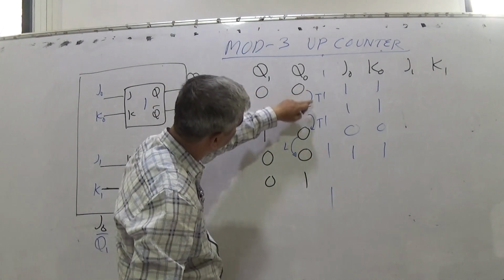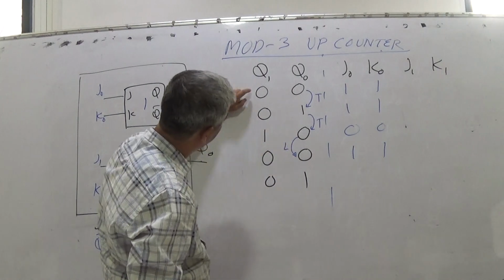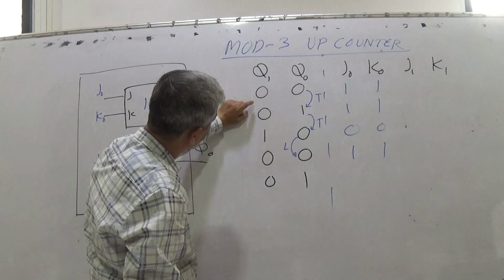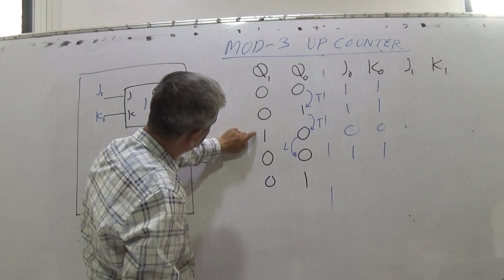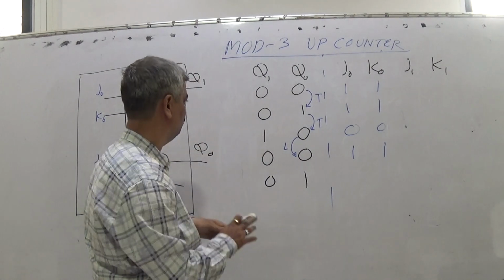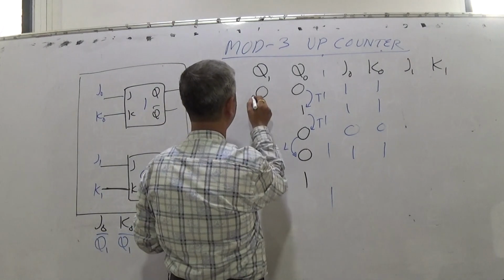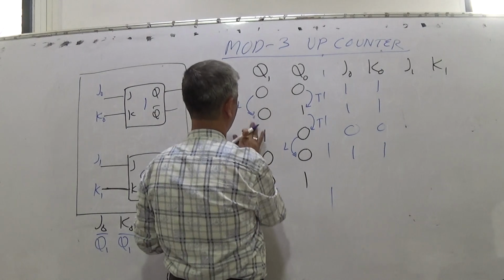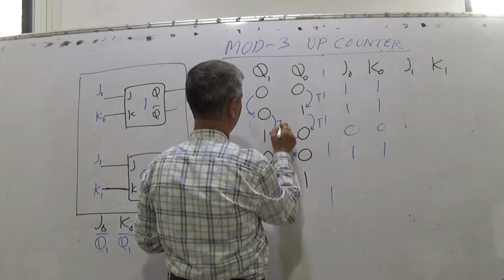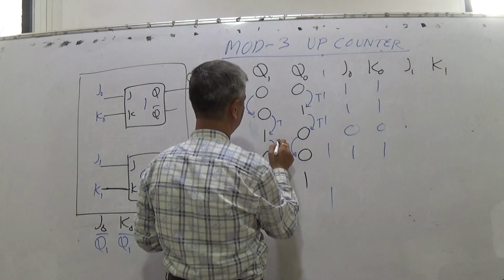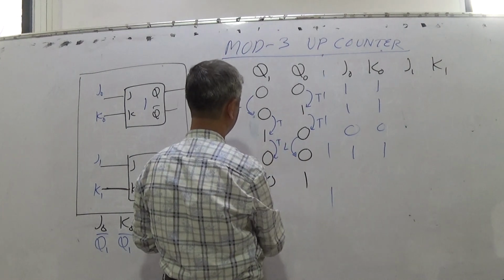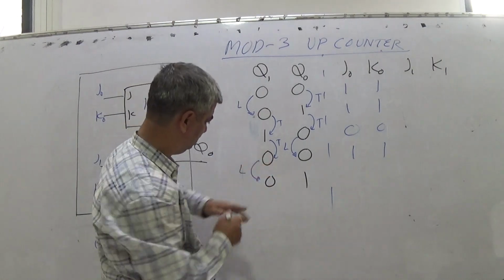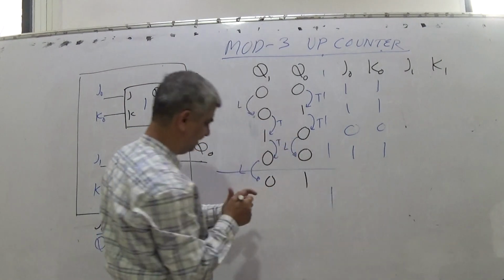Here it was toggling twice, continuing once. Here it is continuing, this, toggling, again toggling. So I can write here last state, here toggle I write on the right hand side, toggle here, last state. This is the same thing, so you need not look at here, it is just repeating.